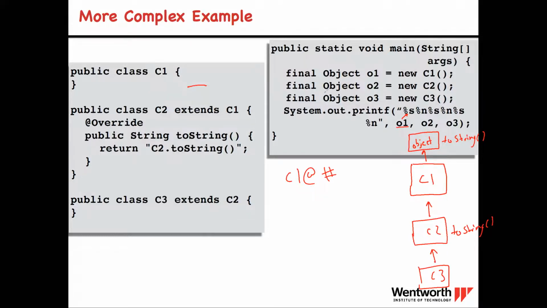Okay, so now let's look at C2. C2, we're printing, and we try to find the toString from the most specific, which in our case, we are a C2. So that's our most specific. And we find that there is a toString here. It's right here. So then this will print out C2.toString.